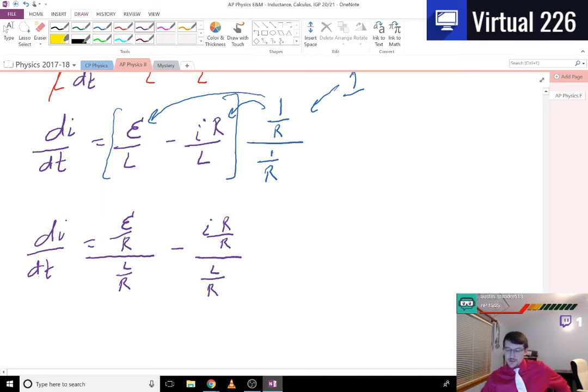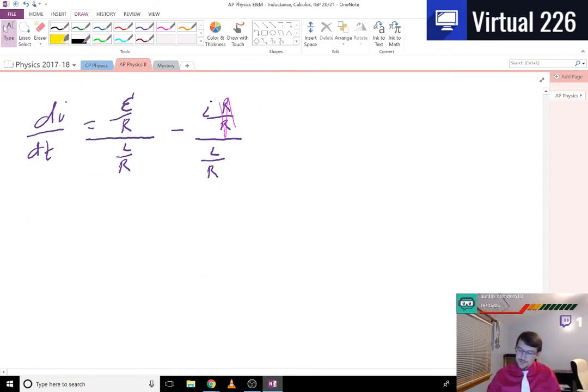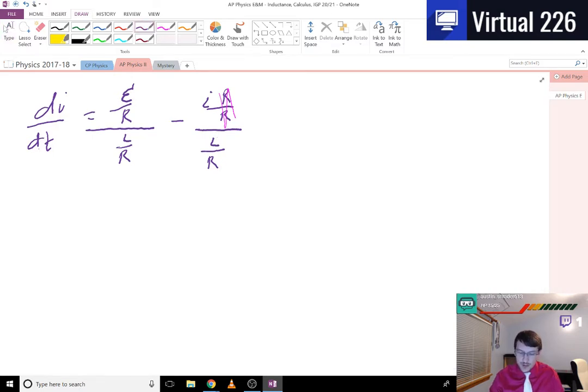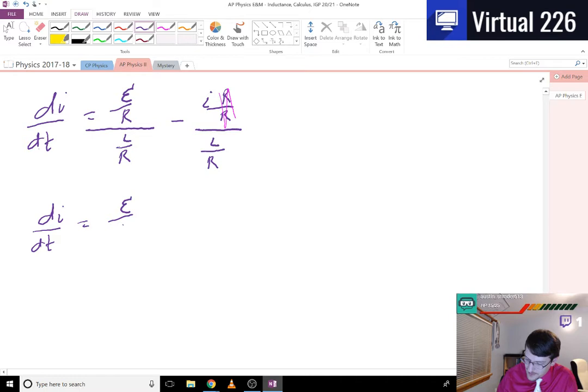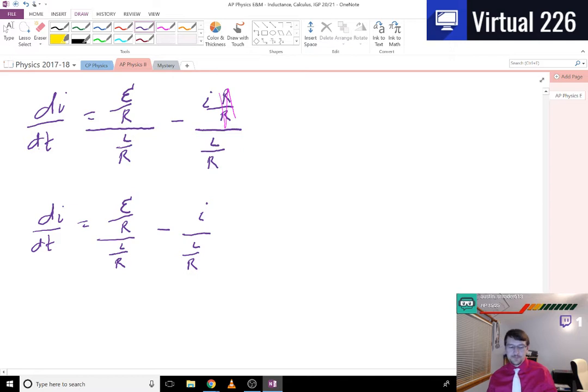So this is nice because these are going to go away. My denominators are still the same, so everything can still link together. If I rewrite this and clean it up a little bit, because it's always nice to clean stuff up as you're doing the math, we get di/dt equals epsilon over r over L over r minus I over L over r. Whew. Okay.